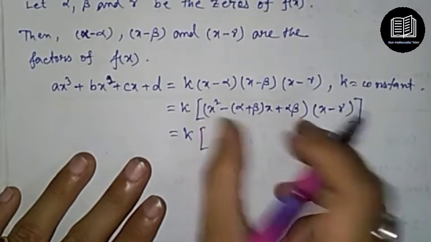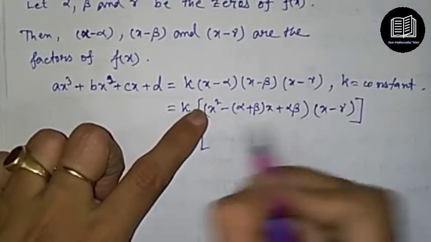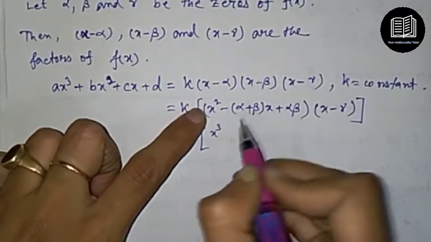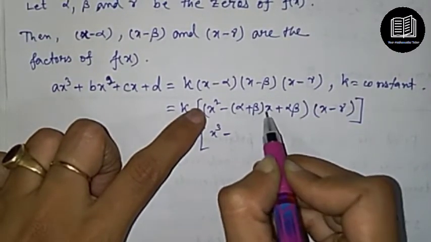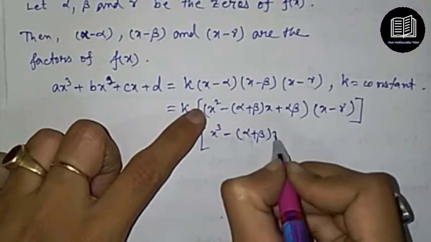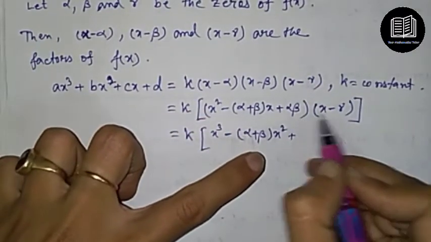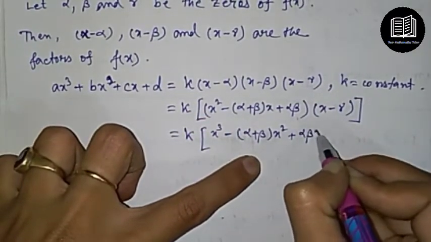Now multiply this by x minus gamma. First multiply by x: x cube. Next, minus (alpha plus beta) x multiplied by x, that is minus (alpha plus beta) x square. Then alpha beta multiplied by x, that is alpha beta x.